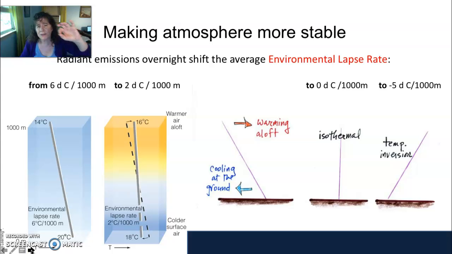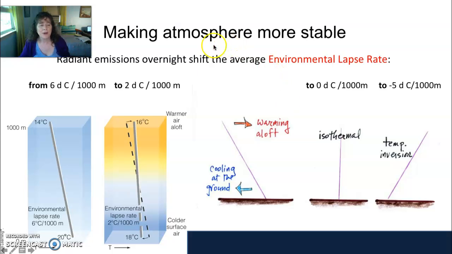To make the atmosphere more stable, you've seen an example of that in Pennsylvania, a very cold snap with warmer air above it. And so what we note here is that if you cool the ground and you warm the air aloft, you are shifting the environmental lapse rate to be in a steeper position.